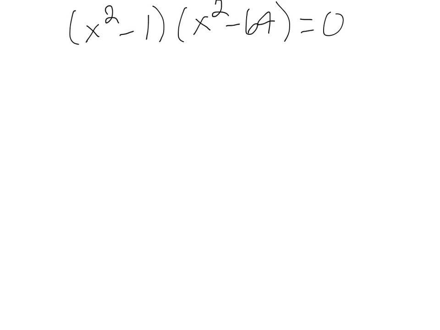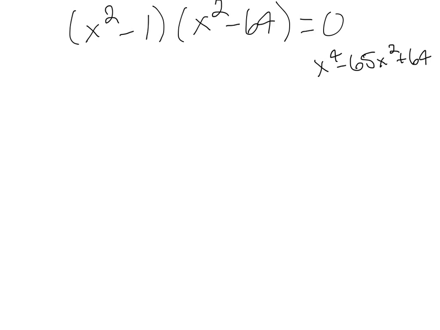So x squared minus 1 times x squared minus 64 equals 0. Think about that for a second. If you remember, our original trinomial is x to the fourth minus 65x squared plus 64.